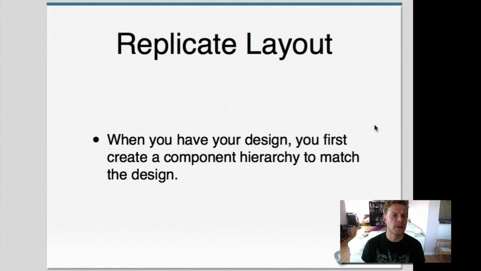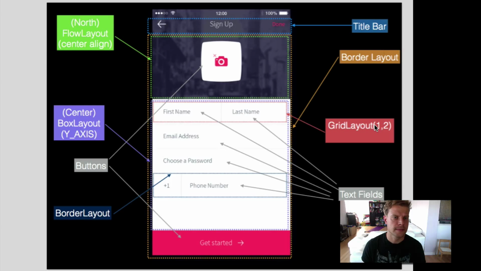So for replicating the layout, we talked about this already. For this form, I want to figure out exactly how that translates into layout managers, because you can't just use pixel perfect positioning. I can't say I want this text field to be at a particular pixel on the screen, because different devices are going to have different layouts.